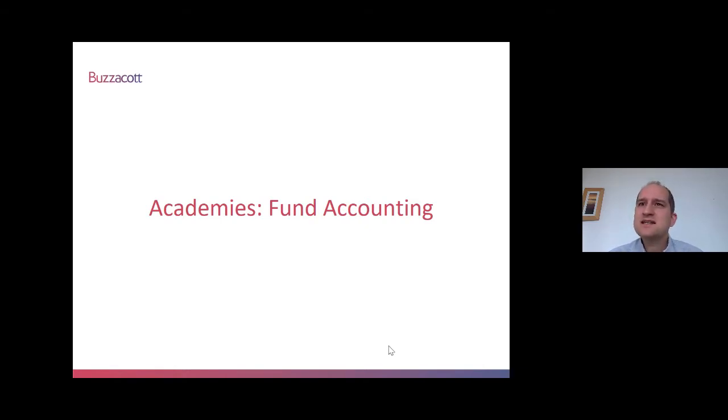That's because Academy accounting software systems don't tend to record all of the information by fund during the year, and therefore you can't just press a button and easily report on each of the fund balances in the Academy Trust. When academies incur expenditure, say staff costs, it's not inherently obvious which fund they relate to.